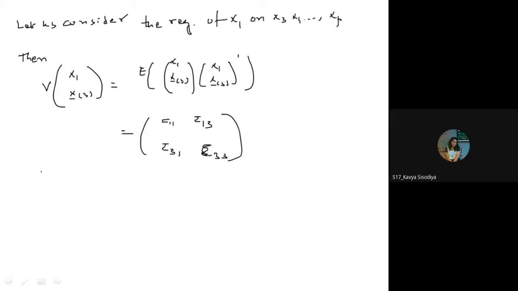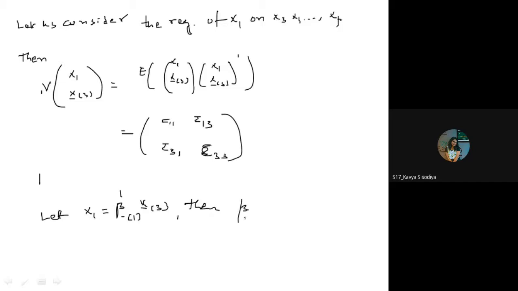So let that regression equation be x1 equal to beta 1 transpose x3. Then what is beta 1 cap?